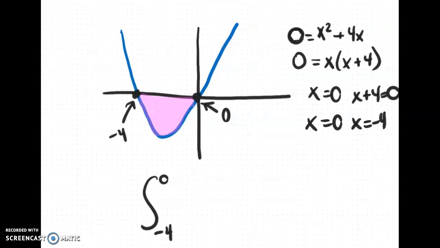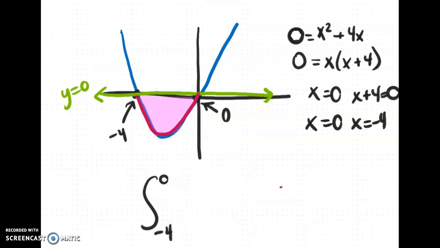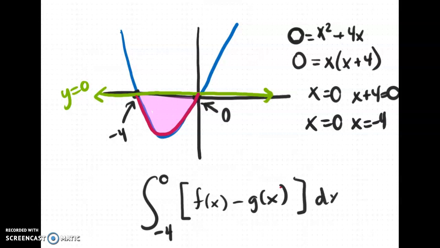And so in this case, the x-axis, which runs here, is the line y equals 0. And so this would be my top function, and this right here would be my bottom function, and this is below. So in f of x minus g of x, my f of x would be 0, and g of x would be x squared plus 4x.